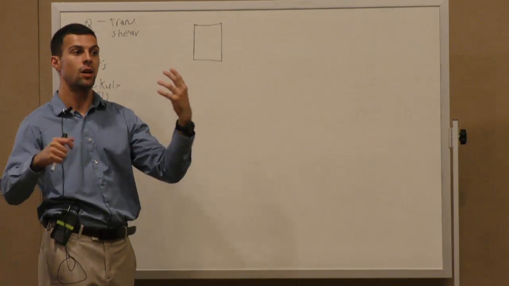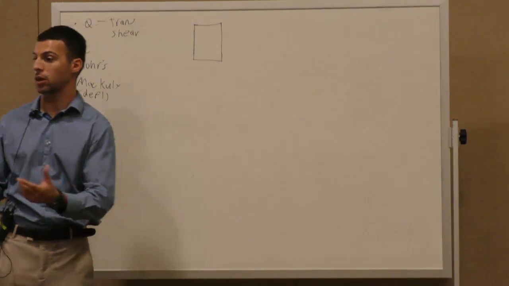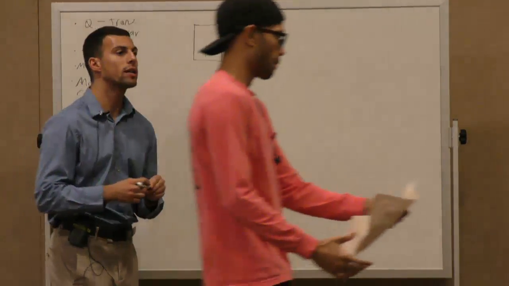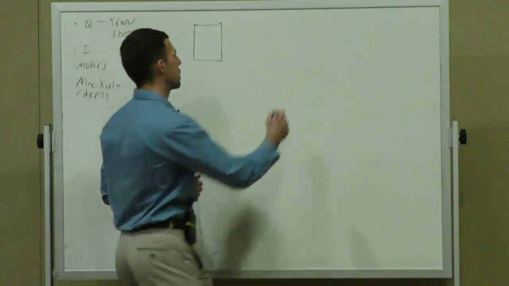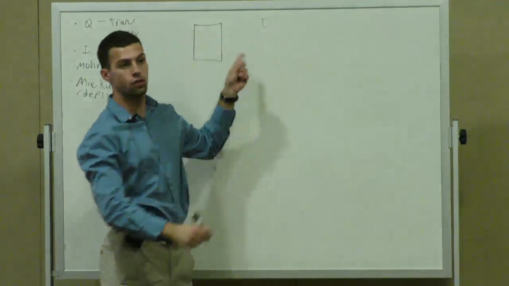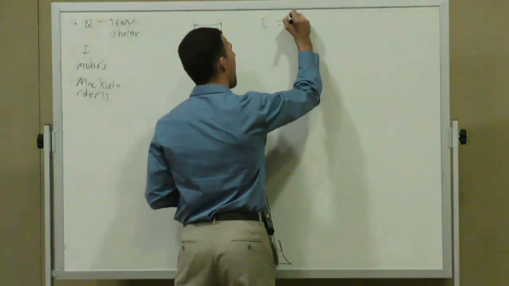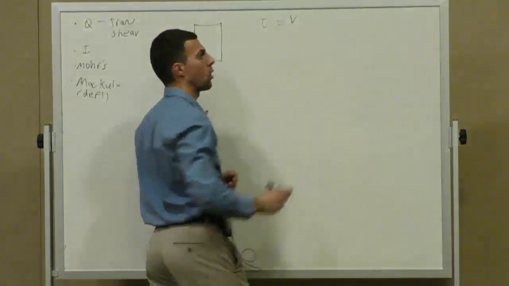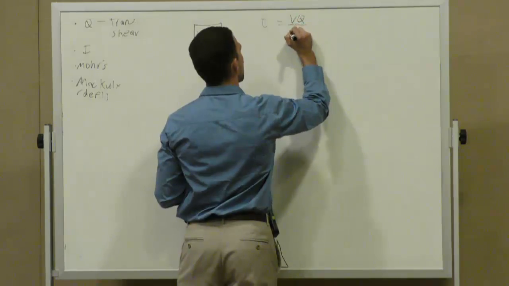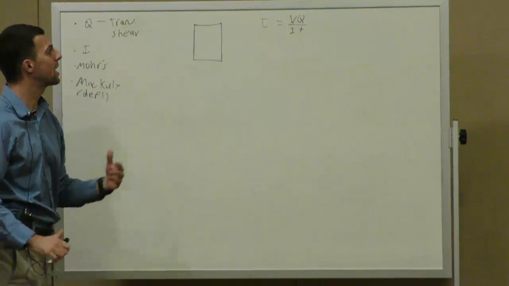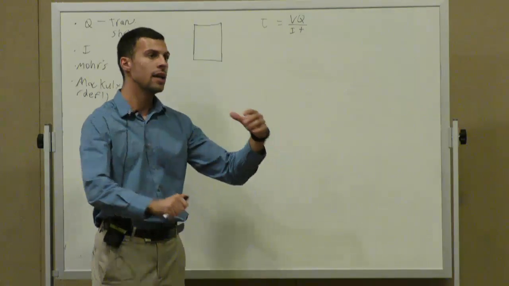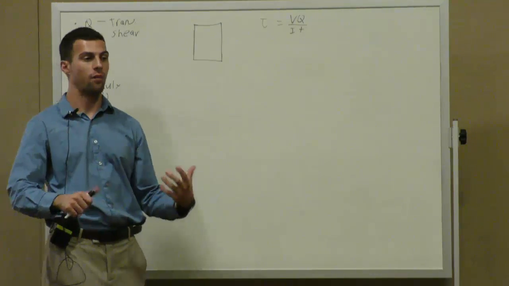And what does that actually establish? Transverse shear stress. That is correct. It is shear stress that is developed by a transverse shear load, right? And so we get that equation. Okay? So that big Q is this first moment of area.